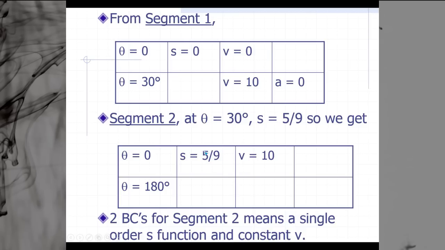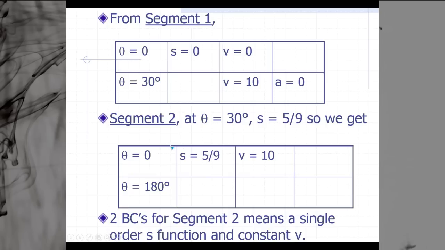Again, we have made some motion. We'd have to go back to our equation for segment 1, plug in theta equals 30 degrees, or theta equals beta 1, solve for the s, and plug it in right here for our table for segment 2 when theta is equal to 0.